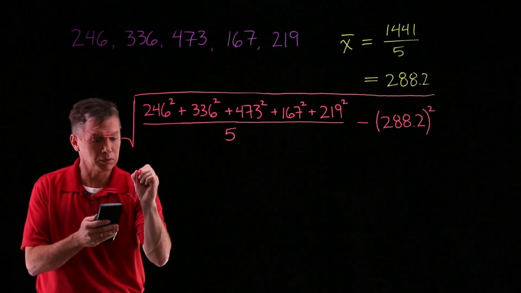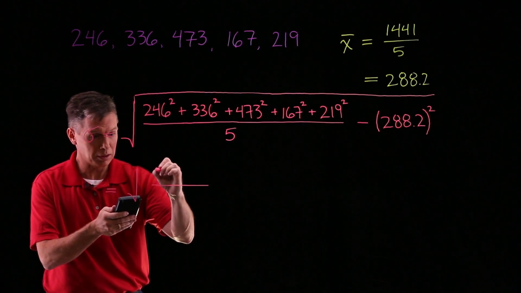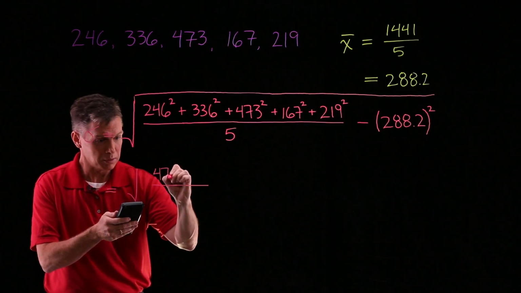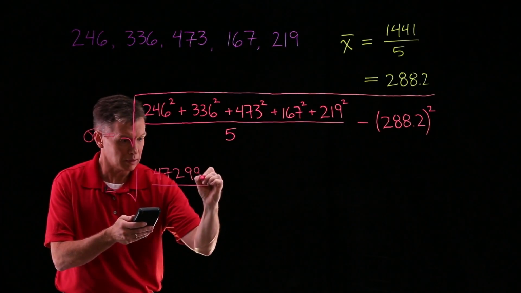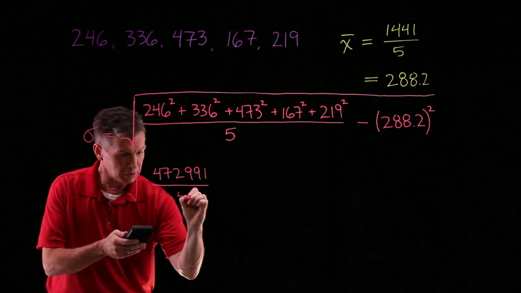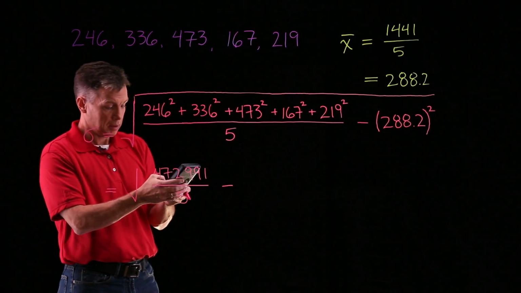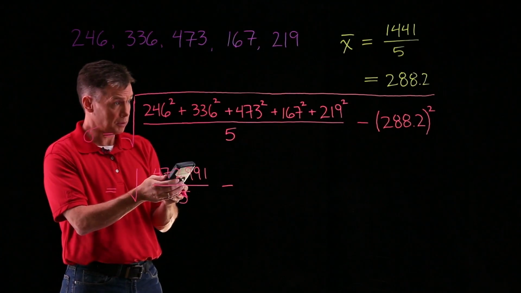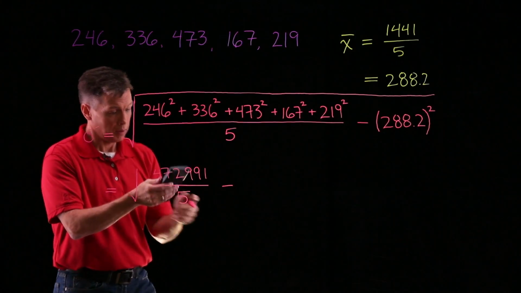I think I have all those added. So I still have my square root, I still have my fraction, but my numerator is looking like 472,991. You still have your divided by 5 minus. And I also wanted to do the 288.2 squared in this step.